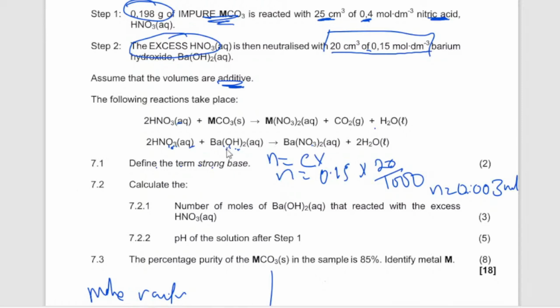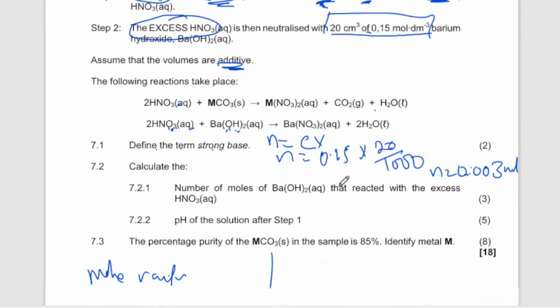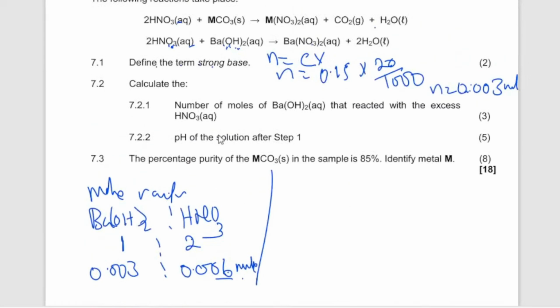But now I need to find out the concentration of this in this 25 cubic centimeters. So I will say that concentration times volume is equal to number of moles.